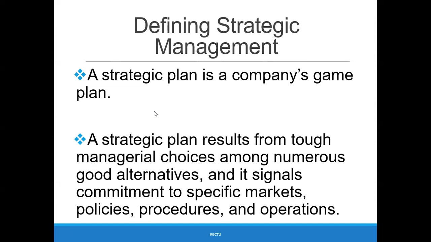So if you liken the idea of game plan to a football team, just as a football team needs a good plan to have a chance of succeeding, a company must also have a good strategy to compete successfully. And this is important because organizations do not operate in an island.